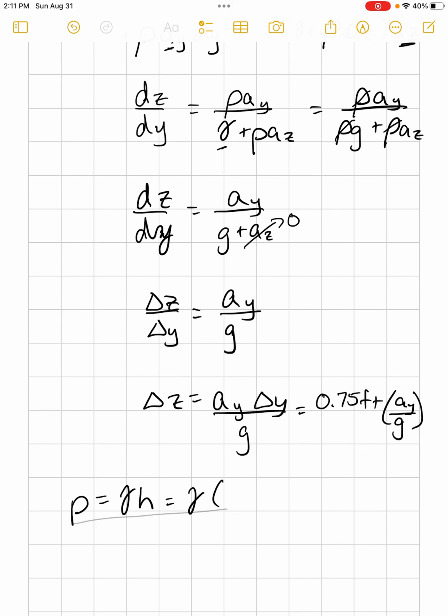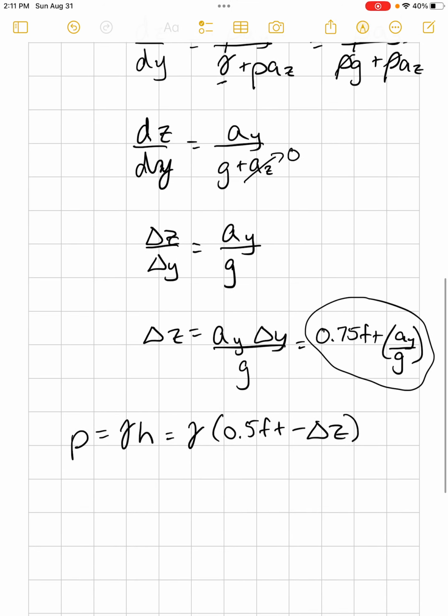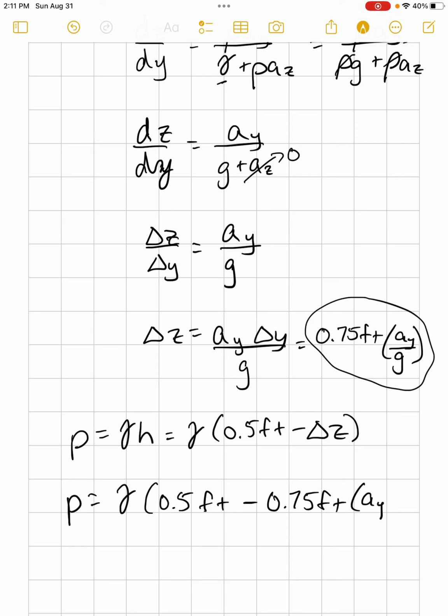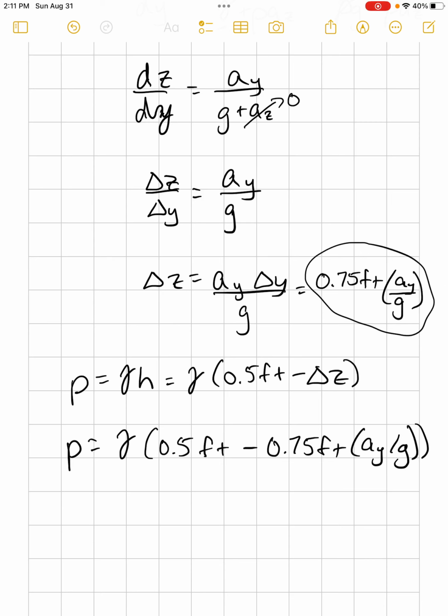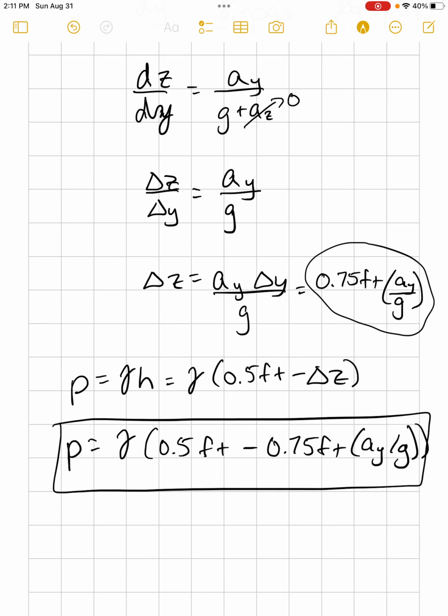Okay, so we're going to have 0.5 feet minus delta z. Okay, we can substitute the expression we just found for delta z. So that means we're going to have gamma times 0.5 feet minus 0.75 feet times ay divided by g. Okay, so this is the expression we can use.